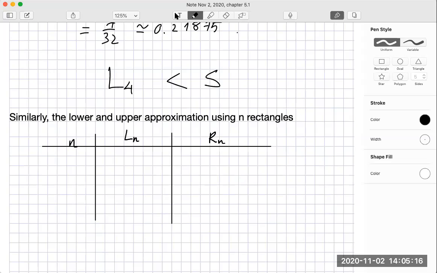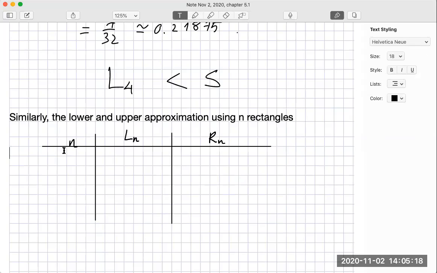When n is equal to 10, we have the result of lower approximation is 0.28500000, and the upper approximation is 0.38500000.